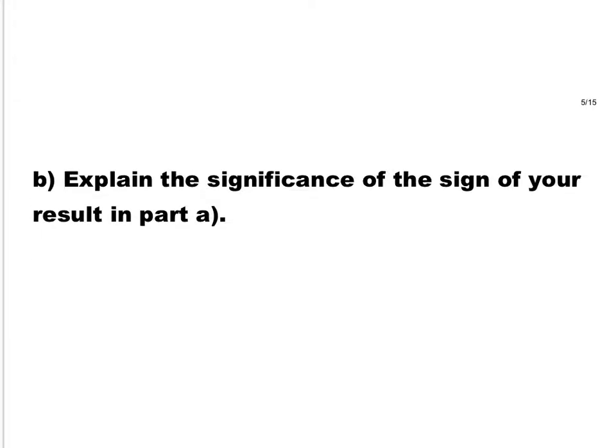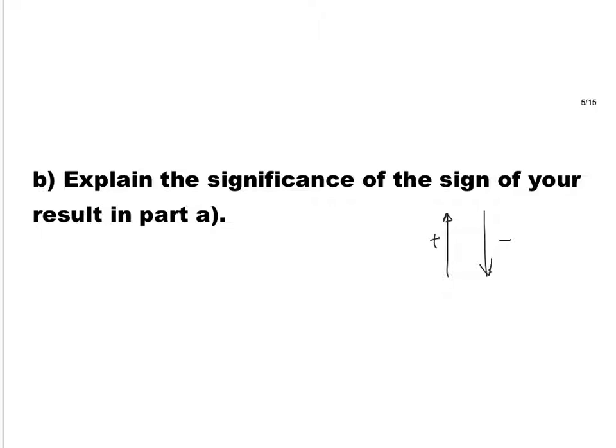The next part of the problem says explain the significance of the sign of your result in part A. Usually in problems like this one, we assign direction, and we assign upward direction to be positive and downward direction to be negative.